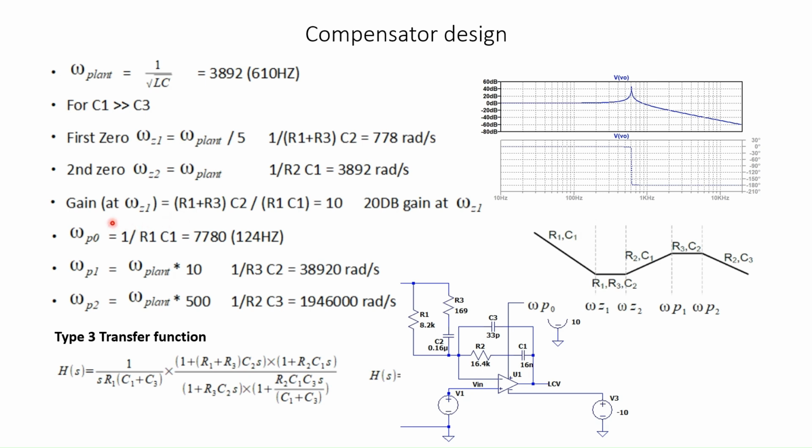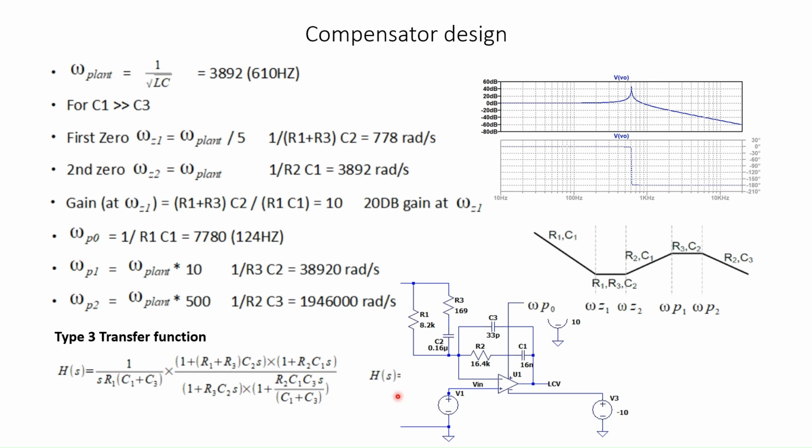And also the gain at omega is 1. See, that is the flat region. So we wanted to have 20 dB here after crossing the first zero.